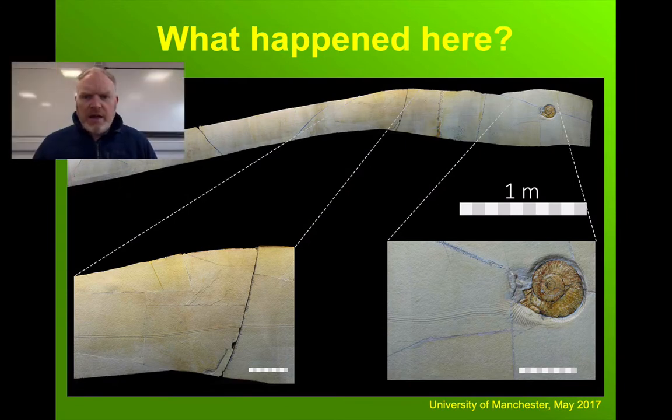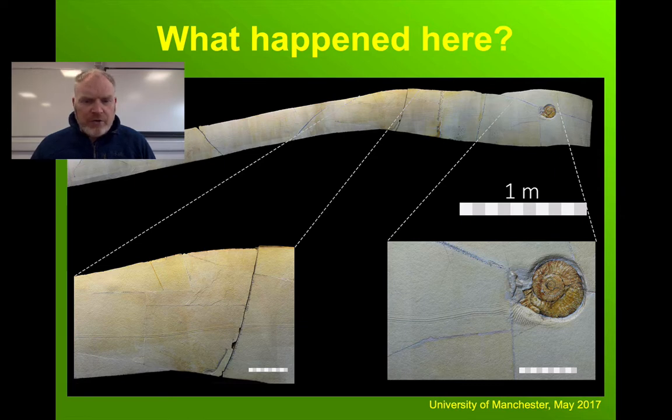This is an interesting example, a fairly recent find from the University of Manchester. What we have here is a bedding surface of rock. And if we look carefully at it, we can actually see this very strange trackway, this line or groove that's been imprinted onto what at the time would have been soft mud.